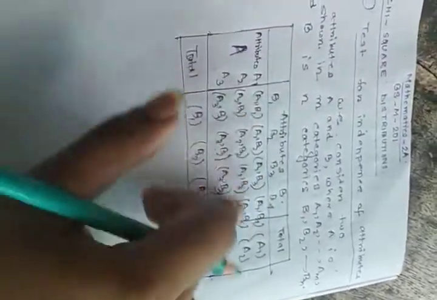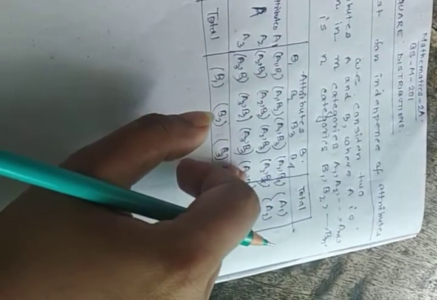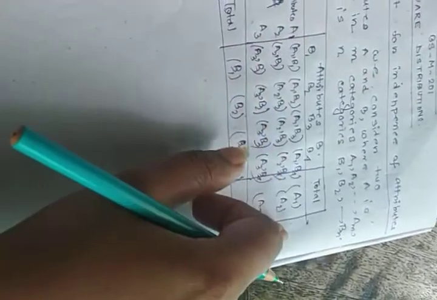I will construct the table. There are 3 rows and 4 columns, that means 3 by 4. This is a 3 by 4 dimension.